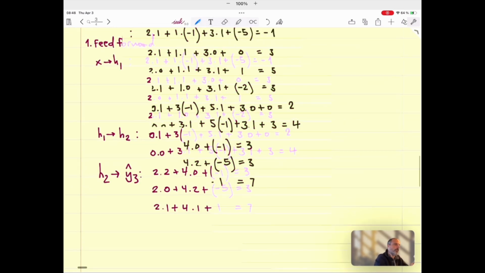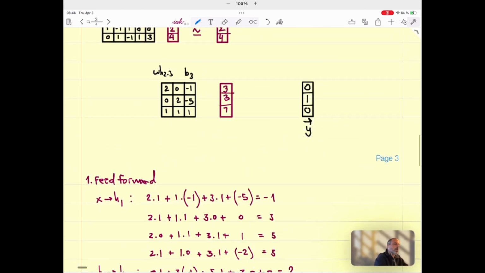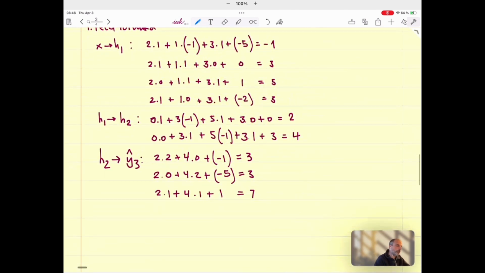All right, so now we go ahead and we apply, because this is the last layer, a softmax. Okay, so how do we apply the softmax? We apply the softmax to our vector 3, 3, 7.